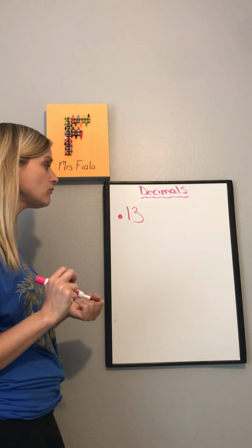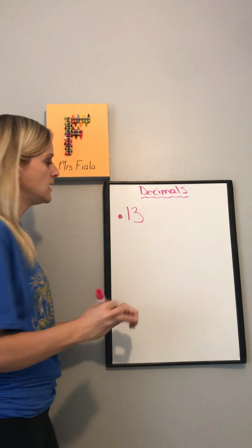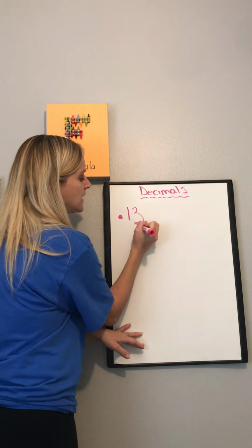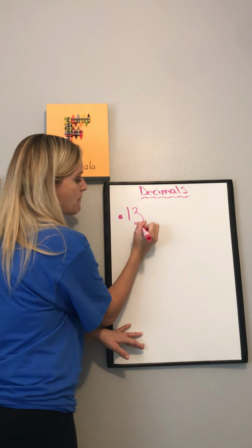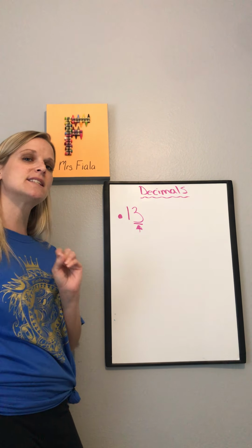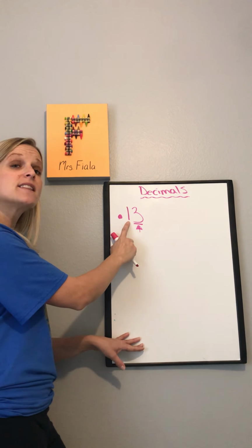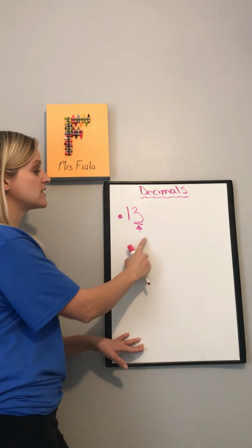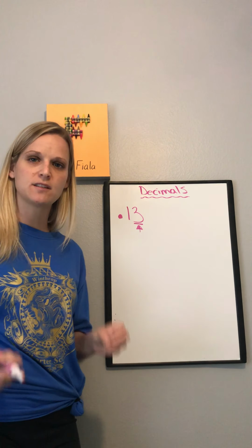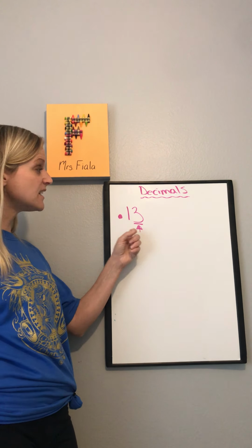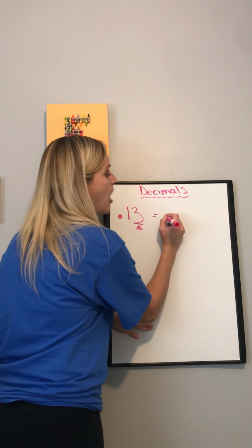It's helpful. So when I look at this, I want to know what place value does this number end in? What place value is that? Remember, we said the number next to the decimal point is the tenths place. The number next to that is the hundredths place. So this is out of 100.